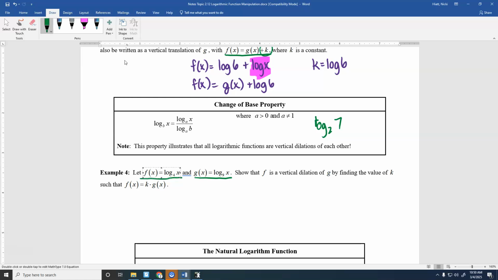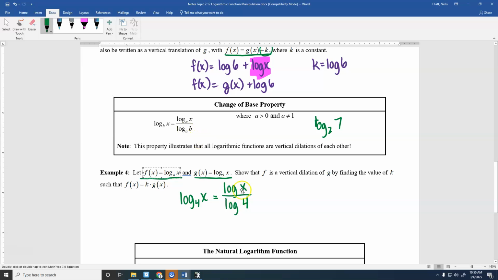So if I use the change of base formula, I'm starting with log base 4 of x. The rule tells me that if I want to type this into the calculator, I could do log x over log 4. But that does not change this to a log base 9; that would be a log base 10. But it doesn't matter what number that base is as long as they match.